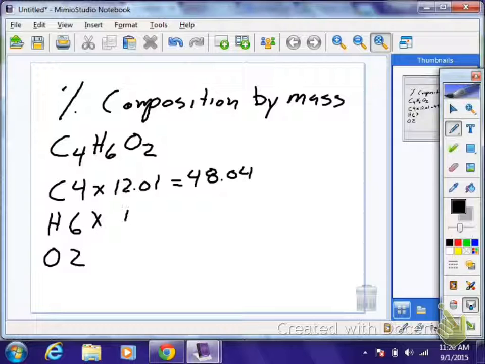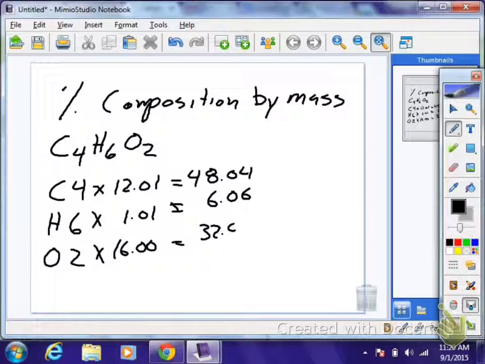Hydrogen, 1.01, contributes 6.06 grams. And then oxygen is 16, and it contributes 32 grams to the overall weight. That's a total weight of 86.10 grams. So that's the molar mass.